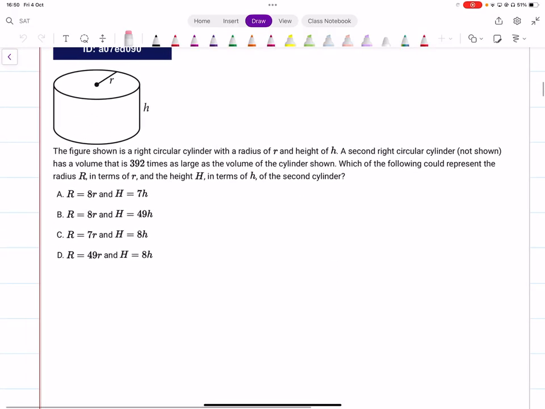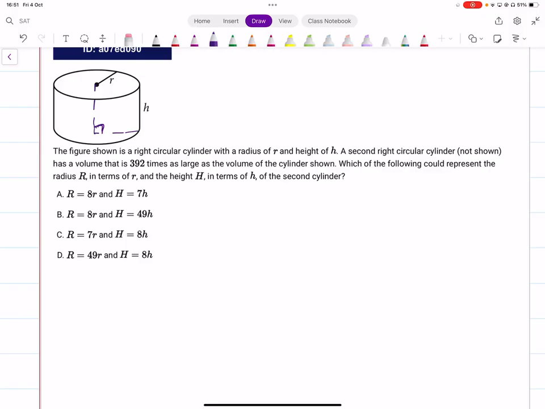The figure shown is a right circular cylinder. Right circular cylinder, all that means is these are right angles, right? So the base has a right angle like this. This is a right angle. You have R and H. A second cylinder has a volume that is 392 times the volume of the cylinder.